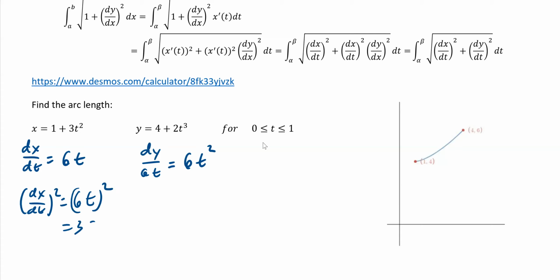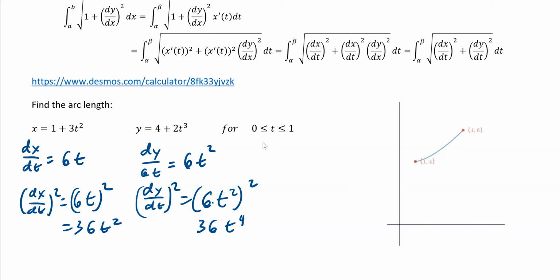So we end up with 36t squared. Let's try that one again. 6t squared, so this is 36t to the 4th.